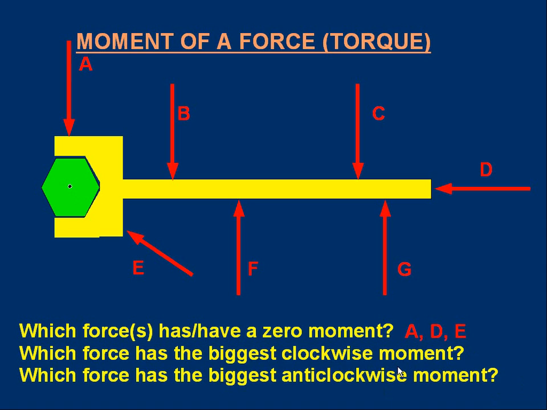Well, I hope you can see that only B and C have clockwise moments, and I hope you know that if you apply a force further away from the fulcrum, it has a bigger turning effect. It's a lever. So the answer to the second question is C. C is furthest away from the fulcrum and it will have a bigger turning effect than B. And the last one, similar argument, is G that's got the biggest anti-clockwise or counterclockwise moment.